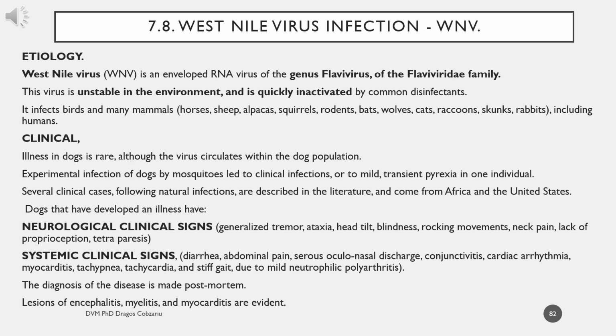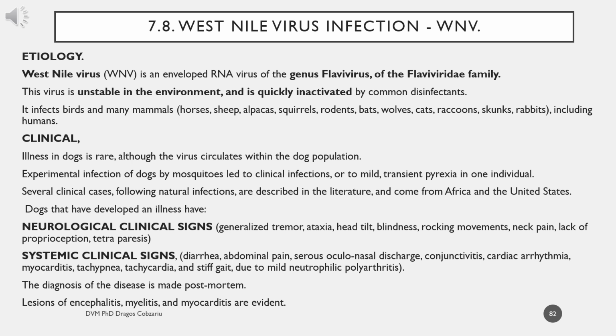Dogs that have developed an illness have neurological clinical signs: generalized tremor, ataxia, head tilt, blindness, rocking movements, neck pain, lack of proprioception, tetraparesis, and systemic signs: diarrhea, abdominal pain, serous oculonasal discharge, conjunctivitis, cardiac arrhythmia, myocarditis, tachypnea, tachycardia, and stiff gait, due to mild neutrophilic polyarthritis.